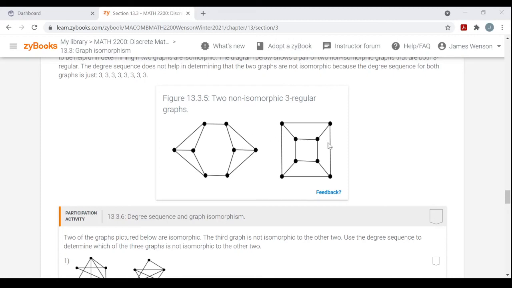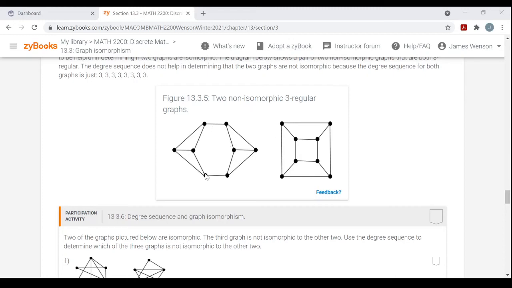But look at this graph over here. Do you see any triangles in this graph? I don't. So this 3 cycle doesn't map to a corresponding 3 cycle over here.